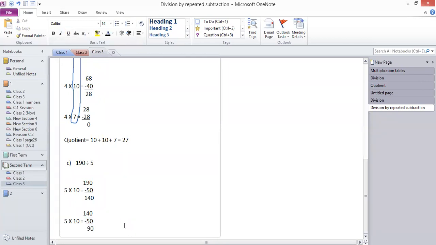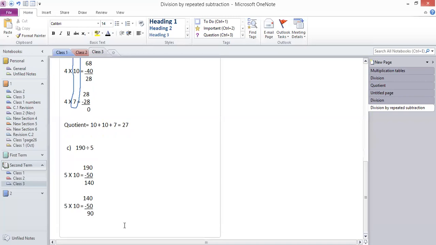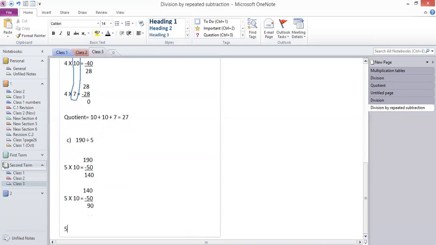Multiply 5. Now 5 multiplied by what? Again 10. 90 is bigger. So 5 by 10 equals 50.